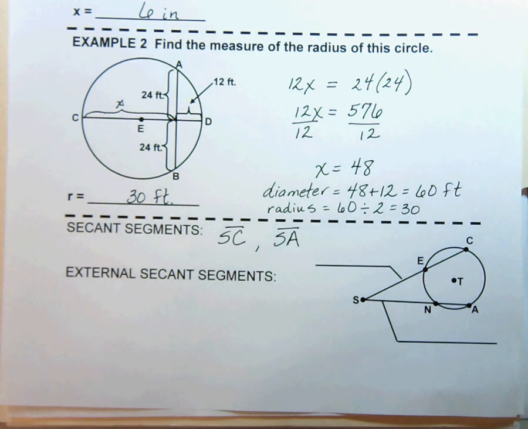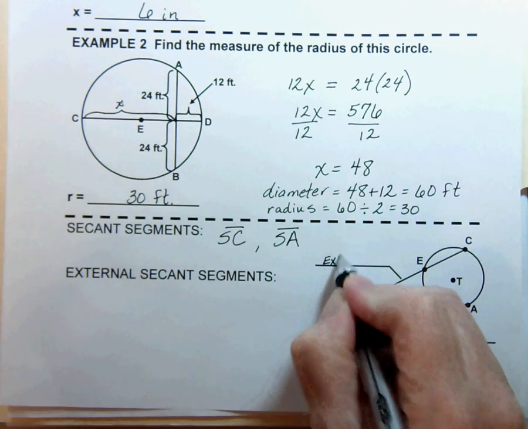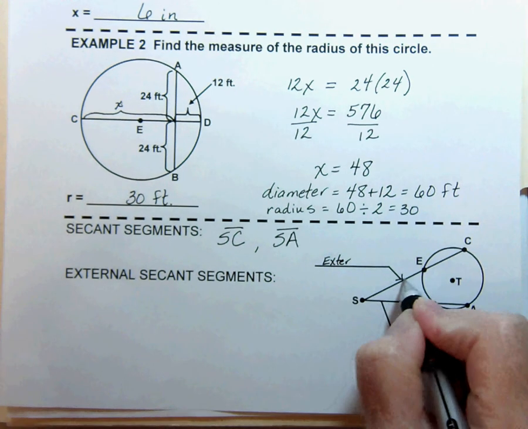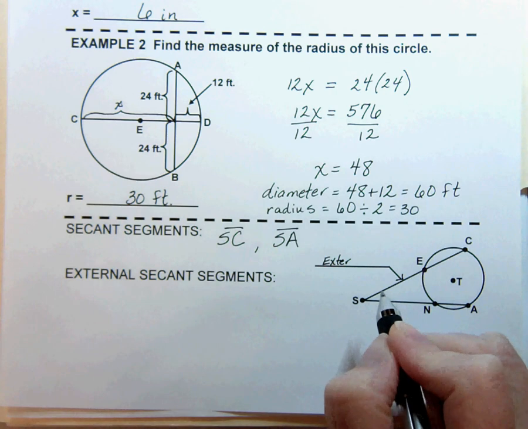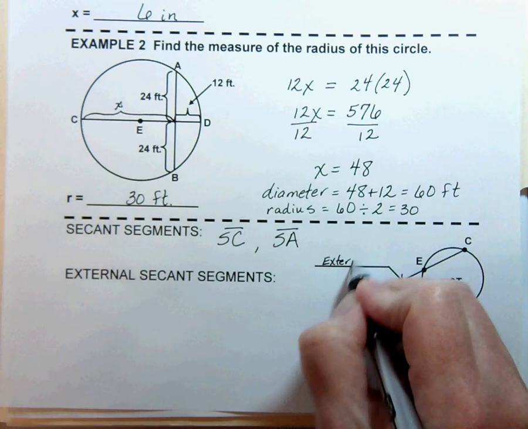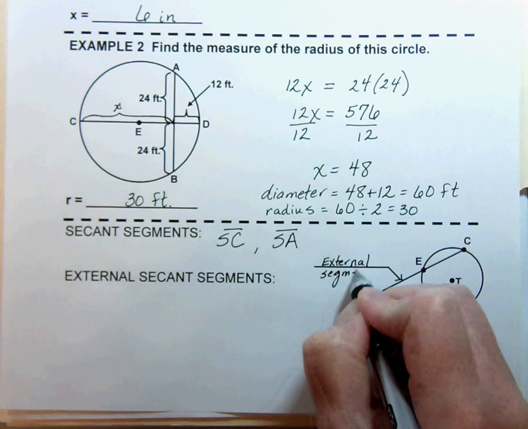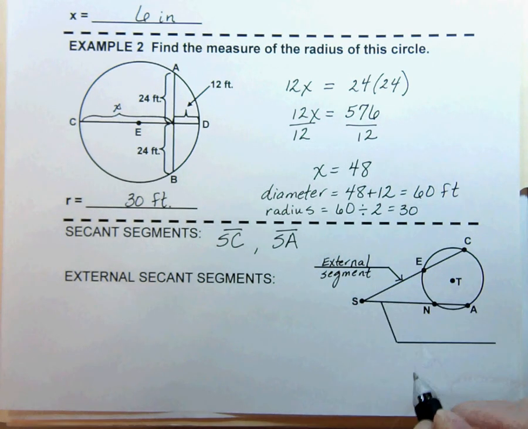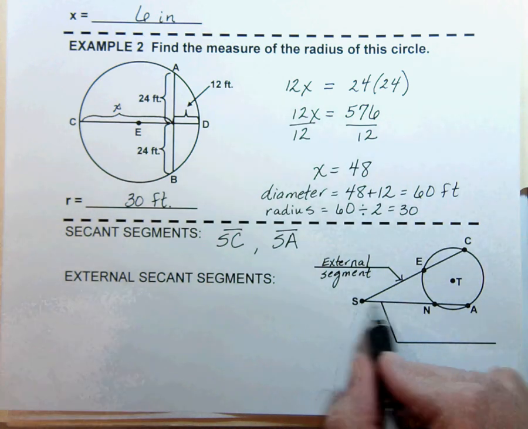Now there are external parts of the secant. This little line right here means this is the external. It's pointing to the external, and that just means the part of the secant that's on the outside of the circle. So it's an external segment. We're going to use that word in a minute with the theorem. And this is another external part.